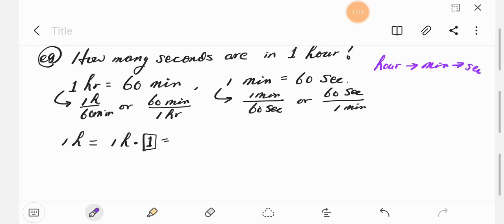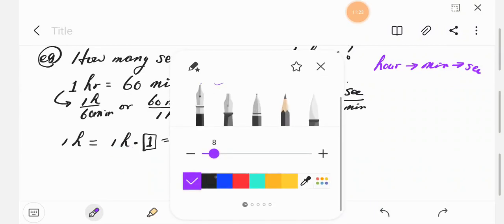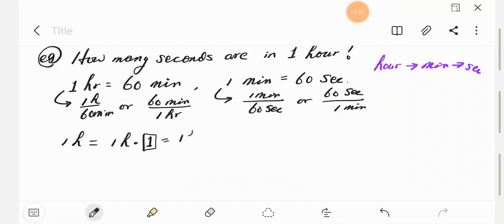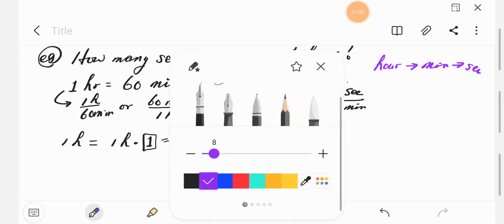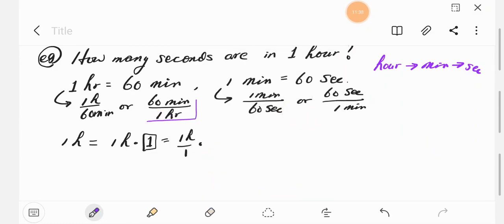Okay, let's try this. So this is equal to 1 hour over 1 times 1. Since hour is in the numerator, we need a conversion rate that contains hour in the denominator so that we can get rid of this hour, right?